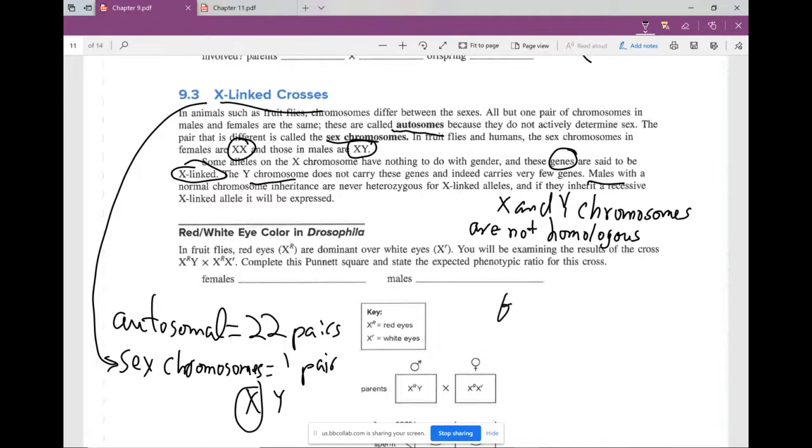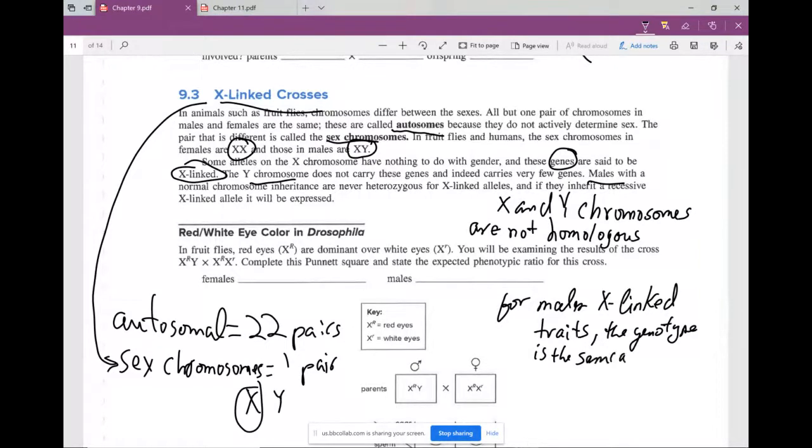So for males, X-linked traits, the genotype is the same as the phenotype.